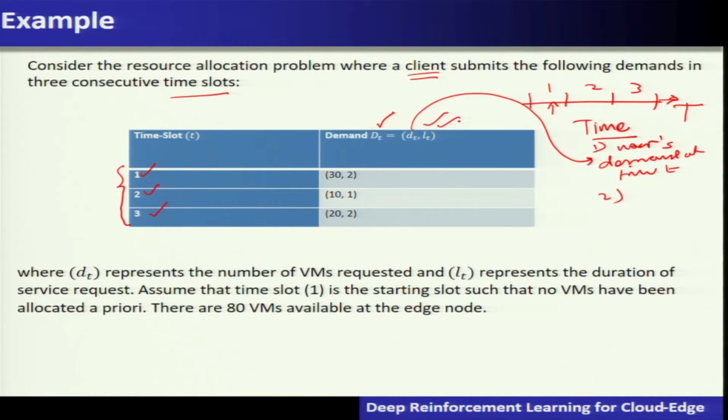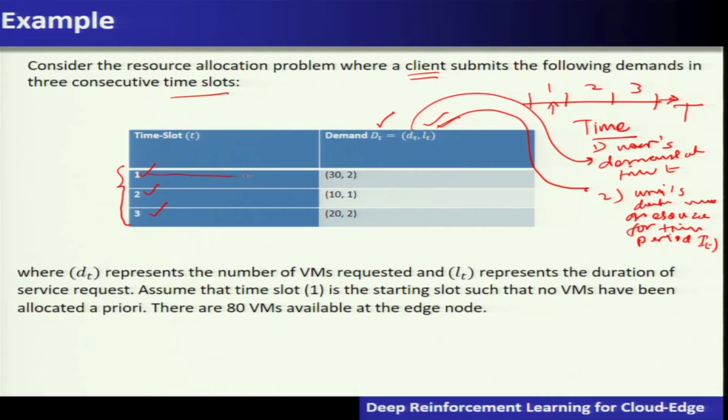The second component is l_t. So, l_t is the time period for which the user's demand needs the resources. So, let us understand this.